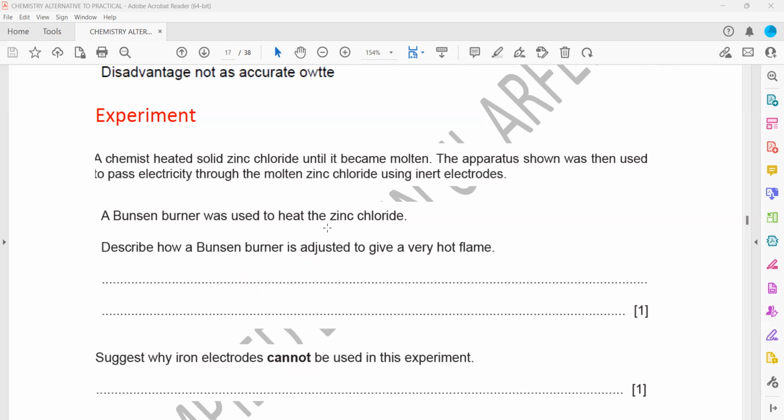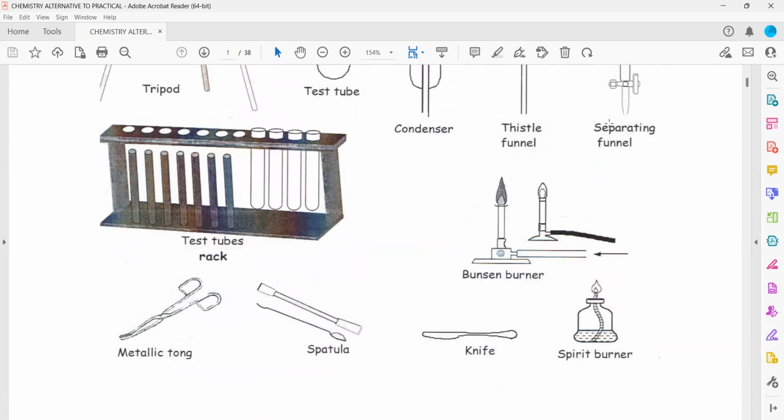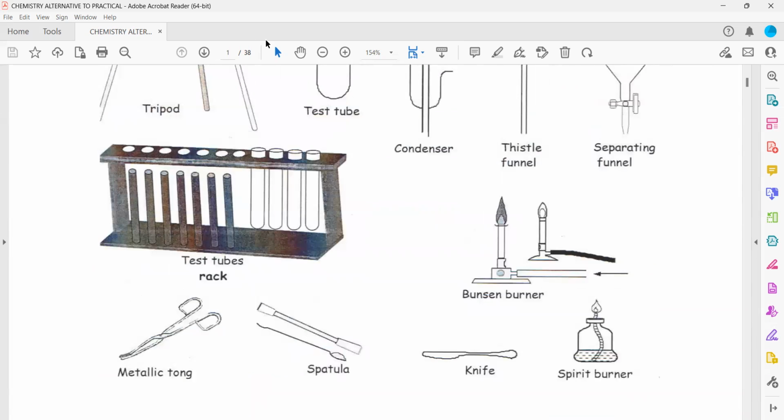Okay, sir. So when the gas, the fuel, is coming, it is mixed with the air. So as a result, if the air holes are open, more oxygen will mix, and complete combustion gives a hot flame.